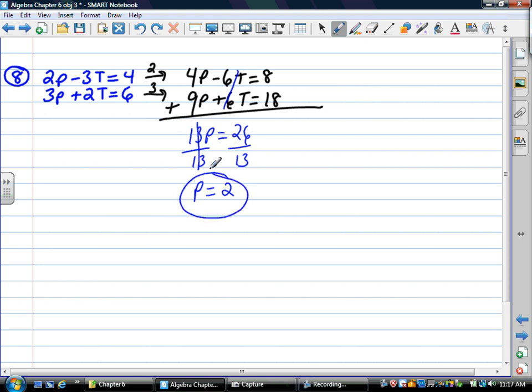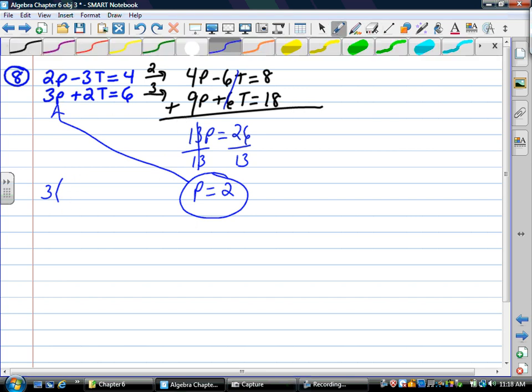I want to find t. I'm going to replace using the second equation, but it doesn't matter which one you use. 3p. Nope, that's 3 times 2. Getting a little careless there. 3 times 2. And my computer's having a little trouble keeping up. Means I'm going too quickly.